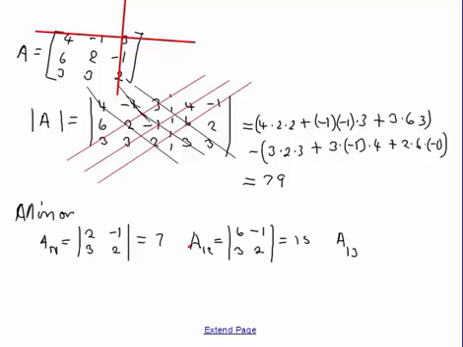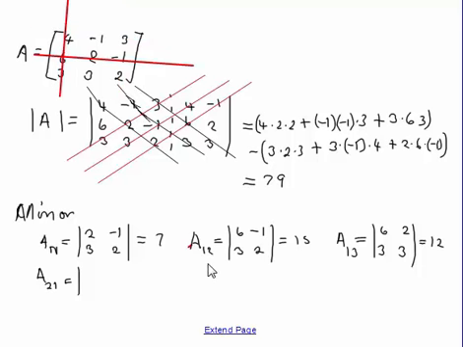Do you see that? Looks beautiful. What are we left with there? 6. We're quickly getting these numbers because everybody now knows how to calculate 2 by 2 determinants. So 18 minus 6, that's 12. Is that right? Okay.